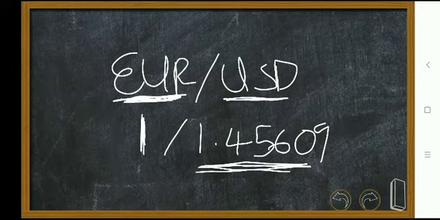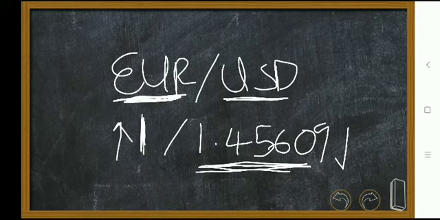If you buy 1 euro, you are automatically selling this one. Remember, we said when you buy one, you automatically sell the other. When you sell one, you automatically buy the other. So this is how this whole thing works.